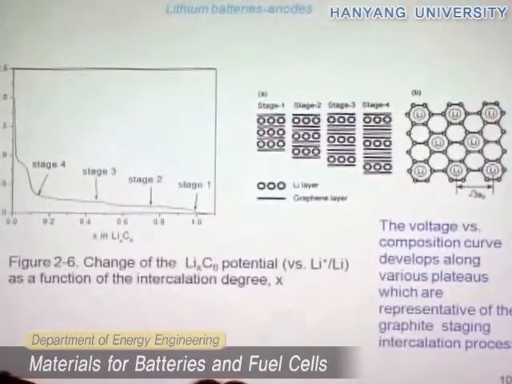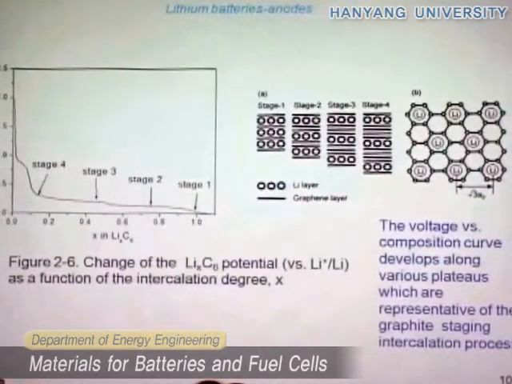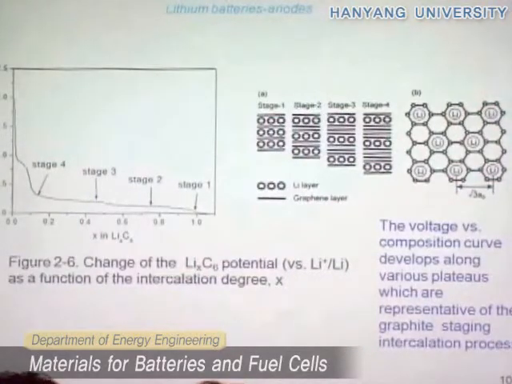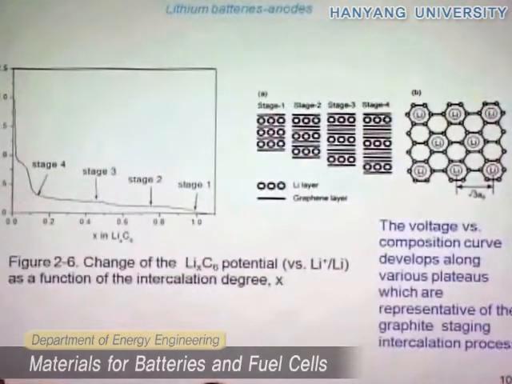And you see that here this is a bit imprecise because these curves are a bit lower, and on average we have 50 millivolts versus lithium.